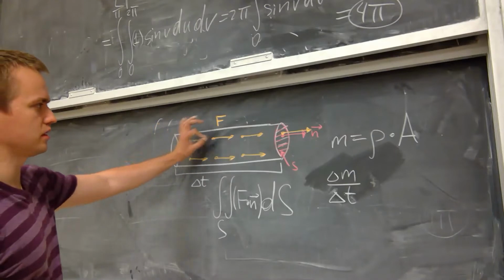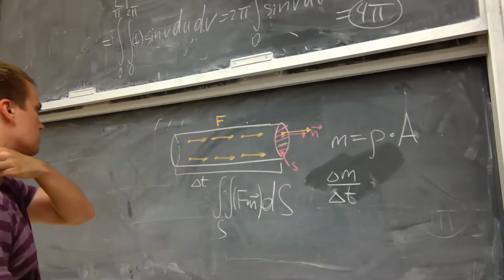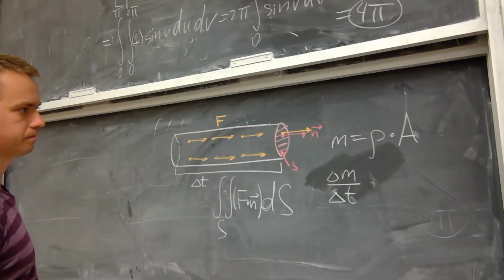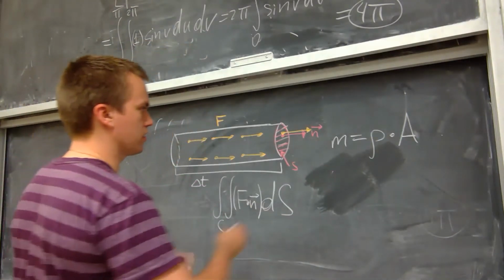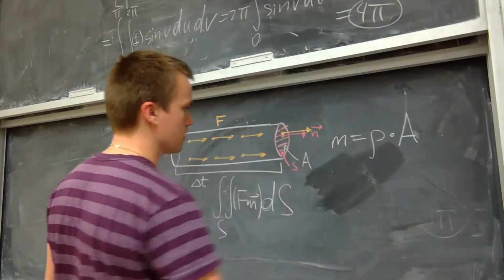We are assuming the density here is constant. So the area is exactly this circle, A.